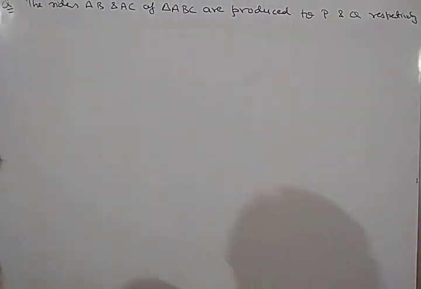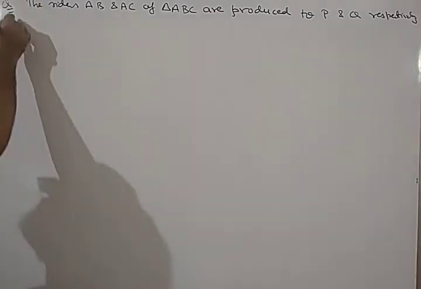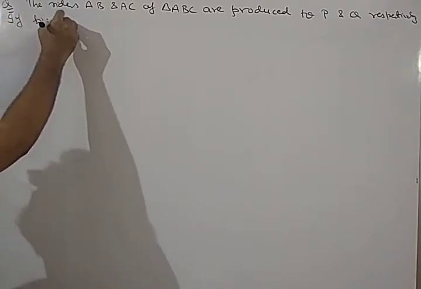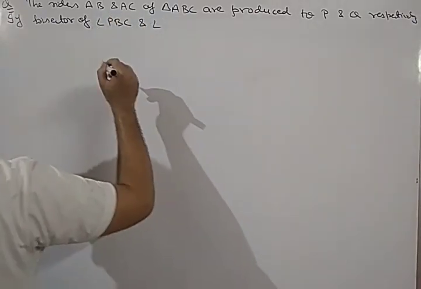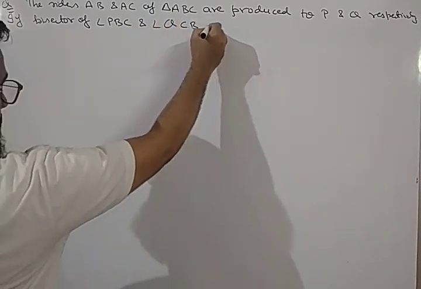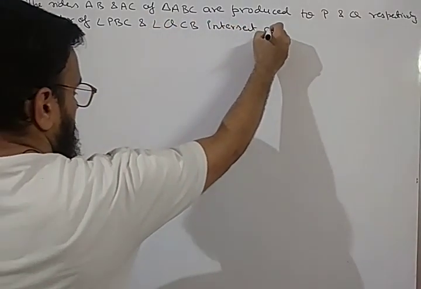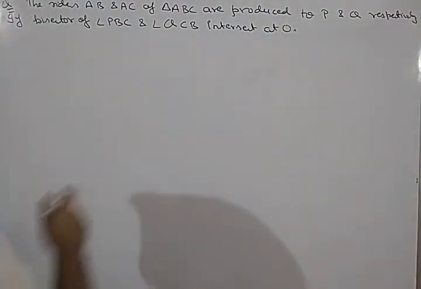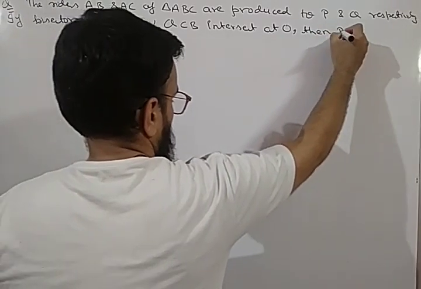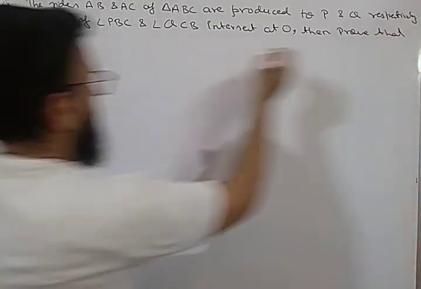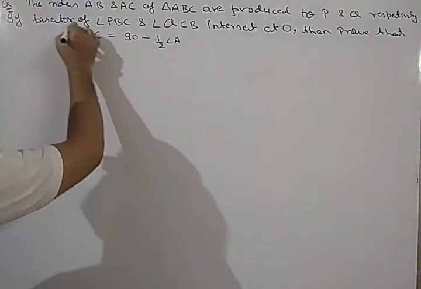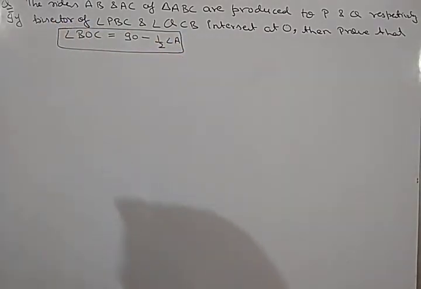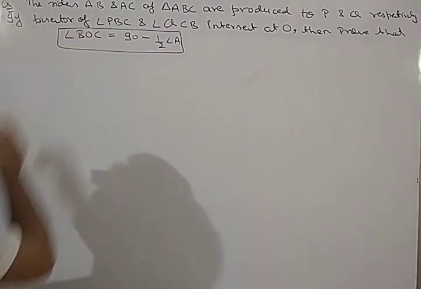If bisectors of angle PBC and angle QCB intersect at O, then prove that angle BOC is equal to 90 minus half of angle A. This is what we have to prove.